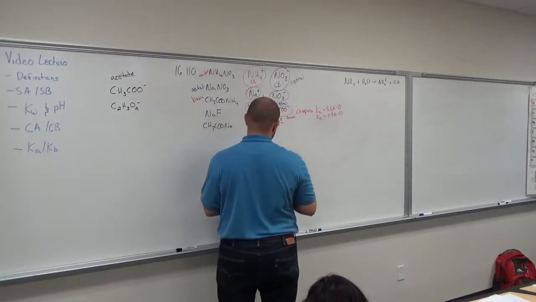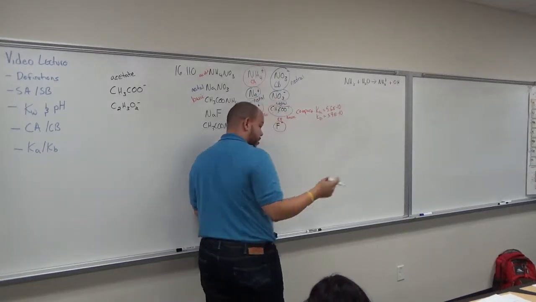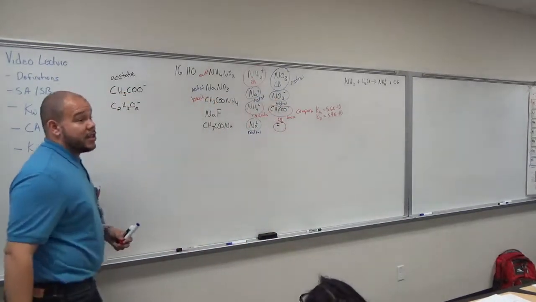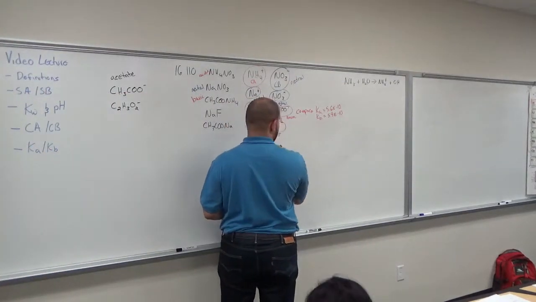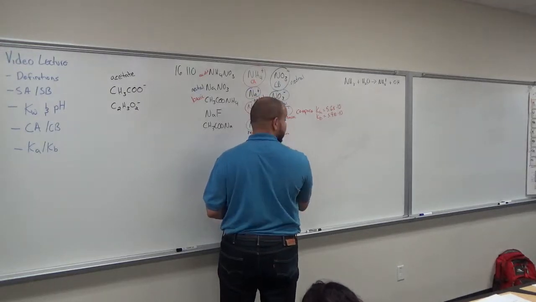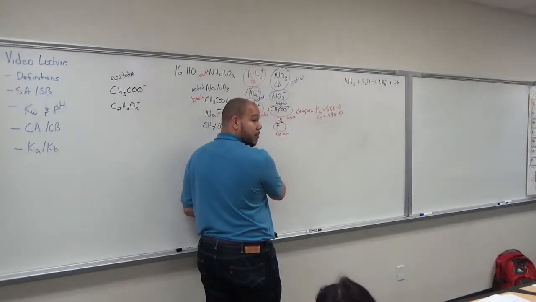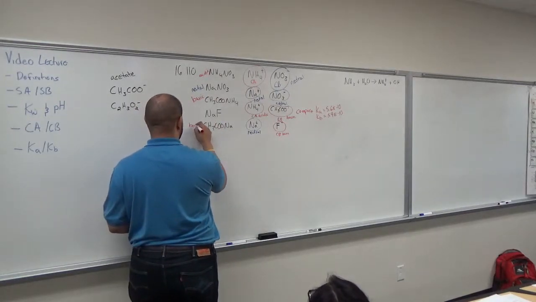Look on your list. If it's on your list, it ain't strong unless it says it is, right? So fluoride is the conjugate base of a weak acid. It is basic. Therefore, this should also be basic.